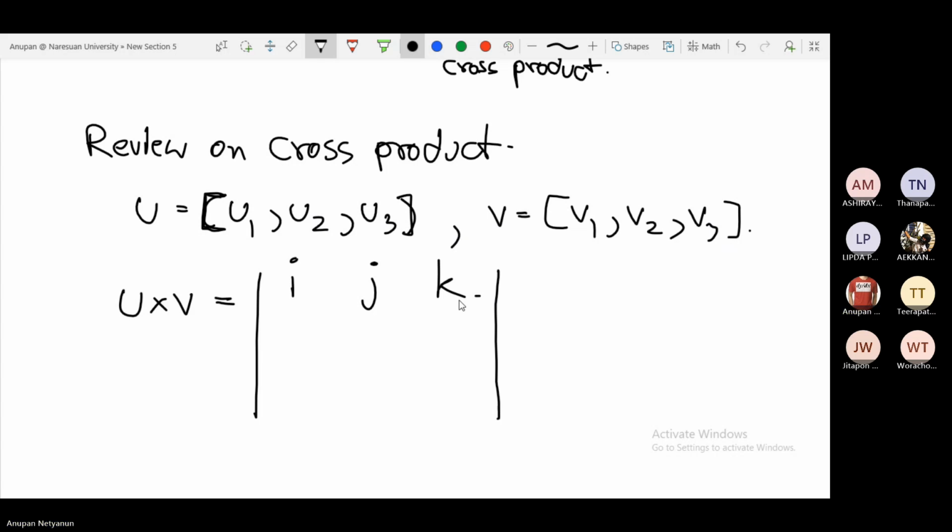Okay. You write this for the first row. Next, you write the vector u on the second row. Okay. Finally, you just write down the vector v at the last row, which is the third row.